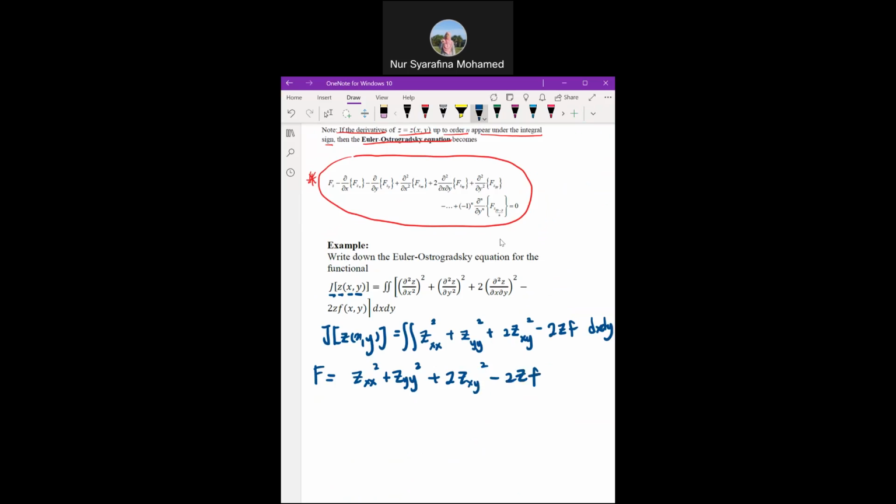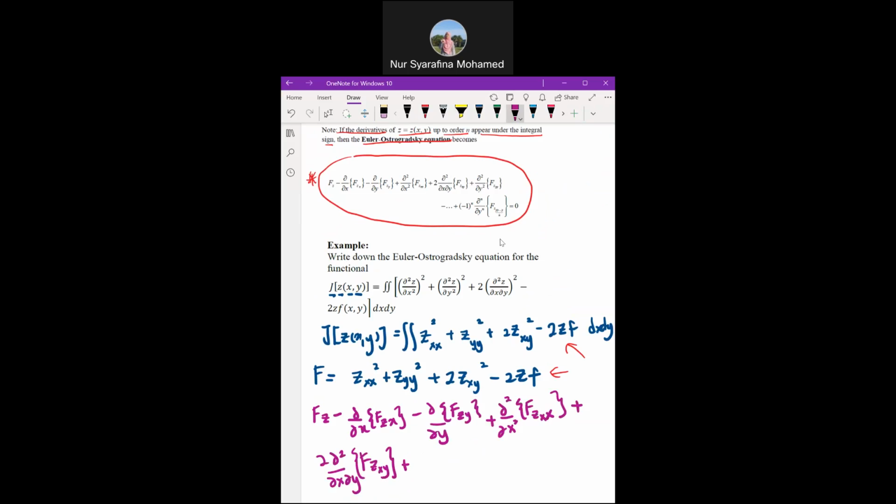According to this function, our Euler-Ostrogradski equation must be in terms of fz minus del fzx del x minus del fzy del y plus del squared del x squared of fzxx plus 2 del squared del x del y of fzxy plus del squared del y squared of fzyy.